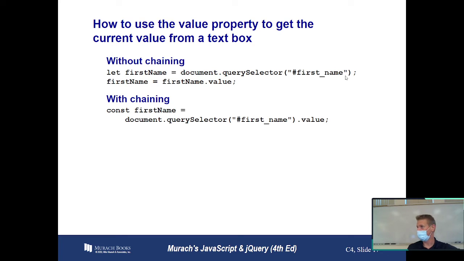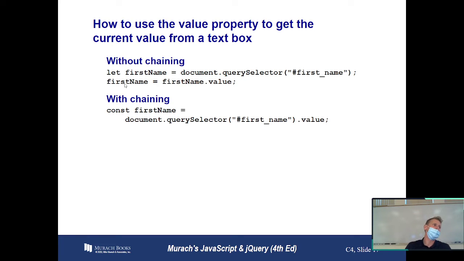And I literally did that in my code where I selected just a text box. And then you select that variable, and since that's a text box now, this first name represents the text box, then you can read the dot value out of the text box and reassign it to first name.